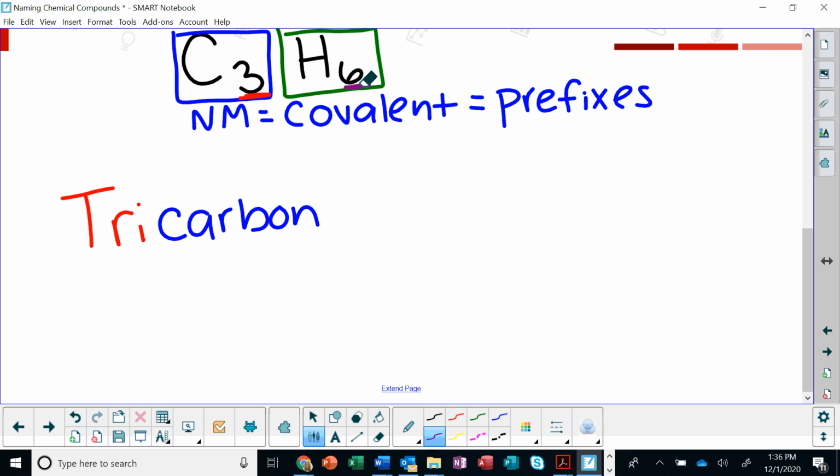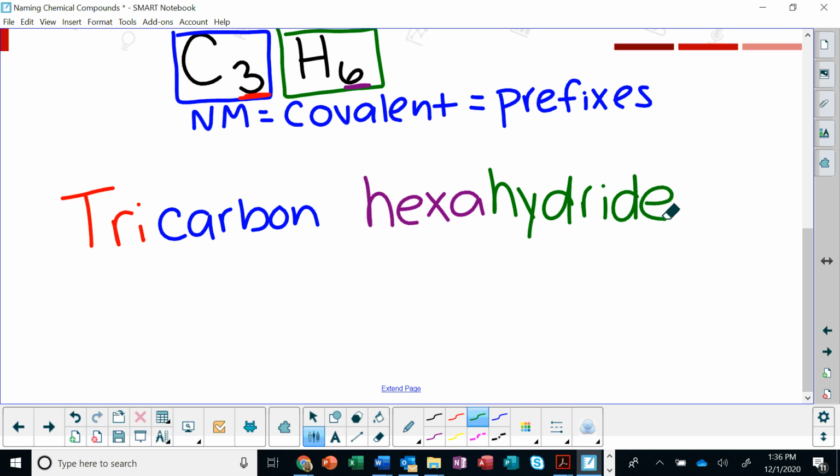We have 6. The prefix for 6 is hexa. And then H is hydrogen. Again, change the ending to IDE, and we have hydride. Tricarbon hexahydride.